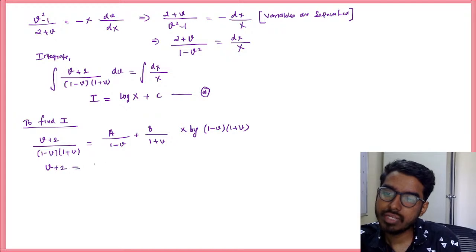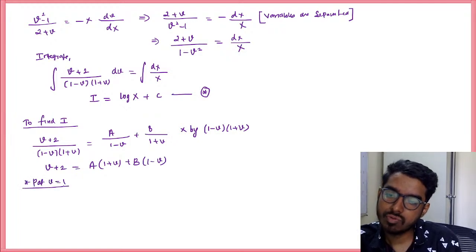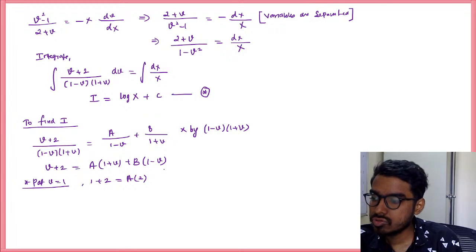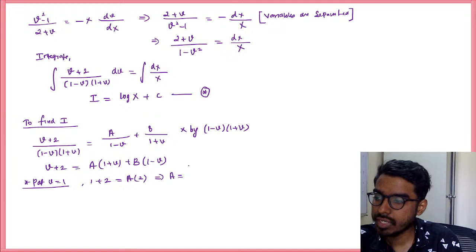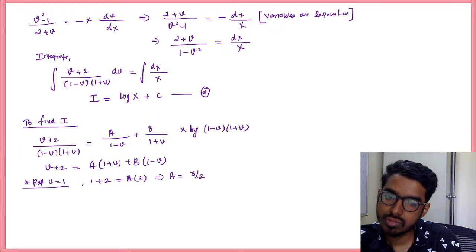So we will have V plus 2 is equal to A into 1 plus V plus B into 1 minus V. Put V equal to 1. So we will have 1 plus 2 is equal to A into 2. Therefore, A is equal to 3 by 2.